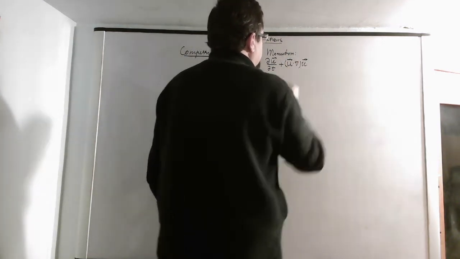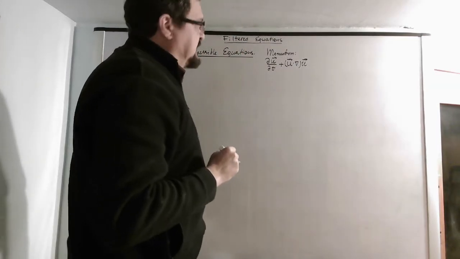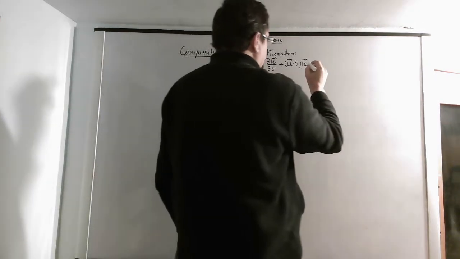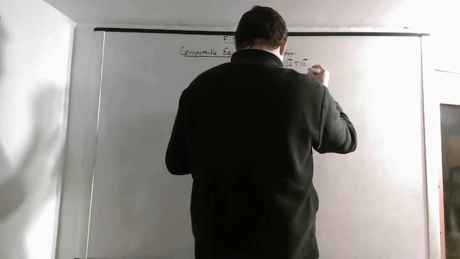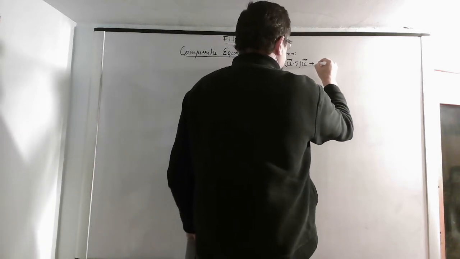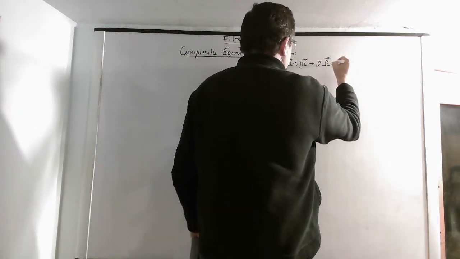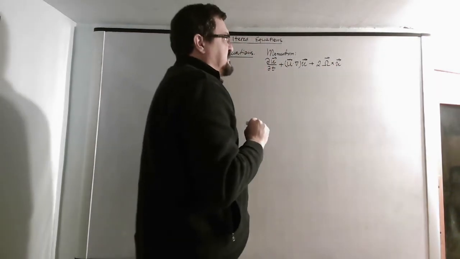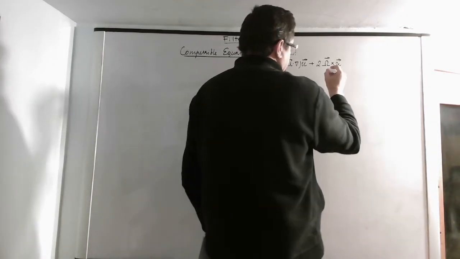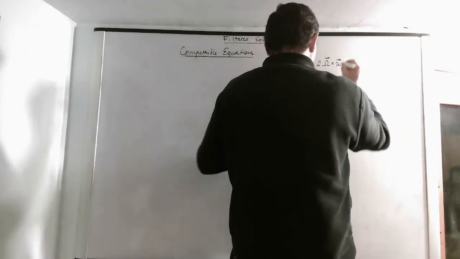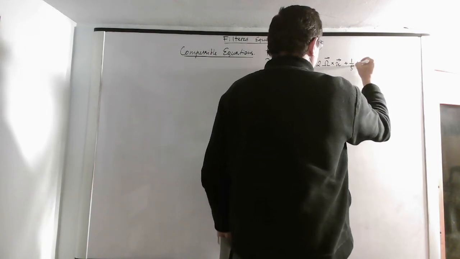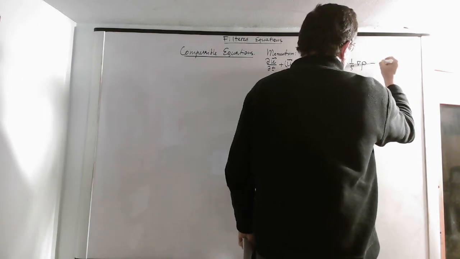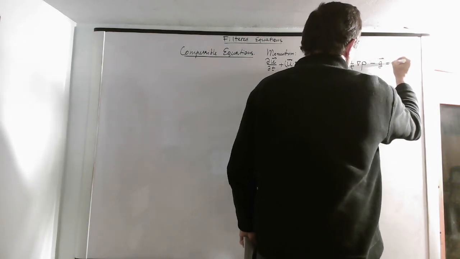I hope that you're familiar with the vector form of momentum equations from other classes. So plus 2 omega vector product u, where omega is the rotation vector of the Earth. So this is the Coriolis force, plus 1 over rho gradient P, the pressure gradient force, and minus g equals to 0.